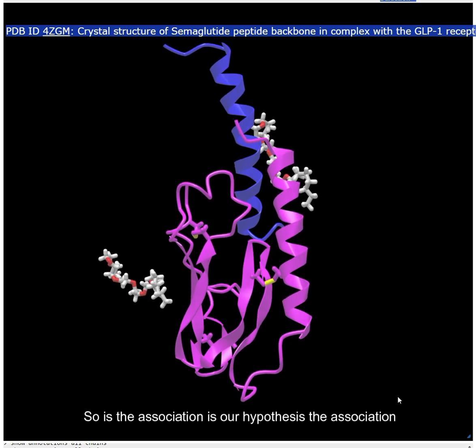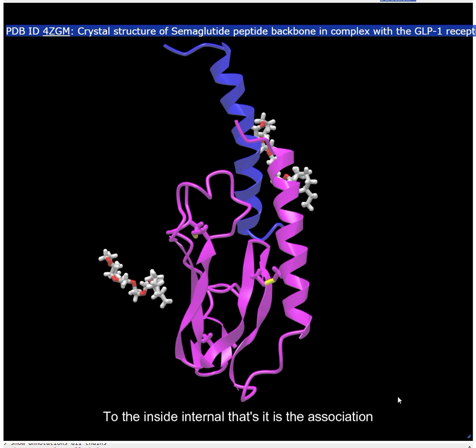So our hypothesis is that the association between the GLP1 receptor, a transmembrane receptor, and the semaglutide peptide results in a conformational change of the receptor, and that information gets transmitted to the internal side.